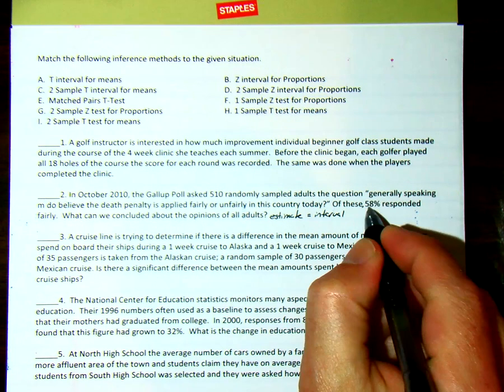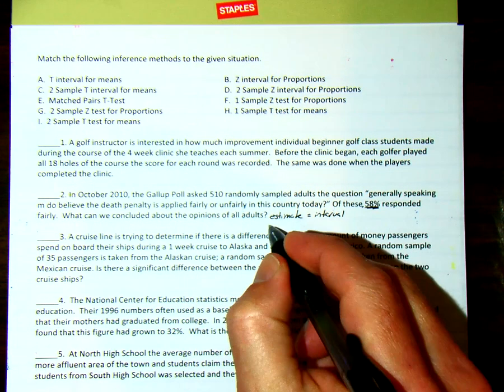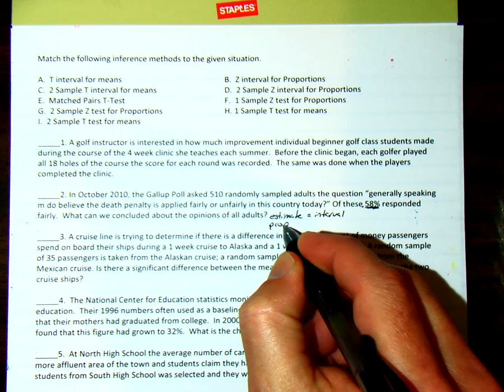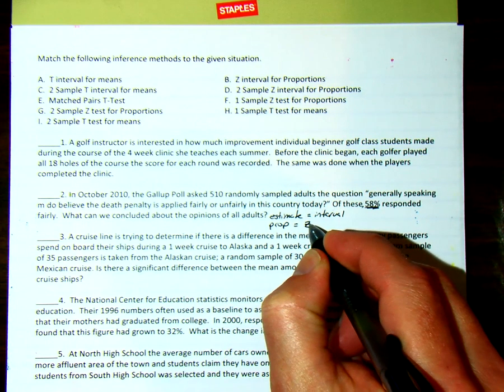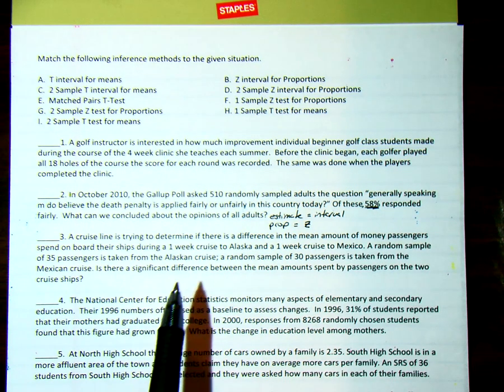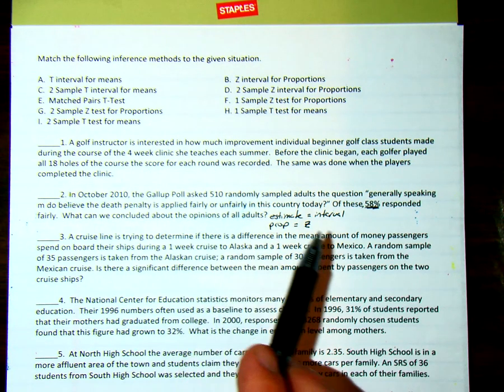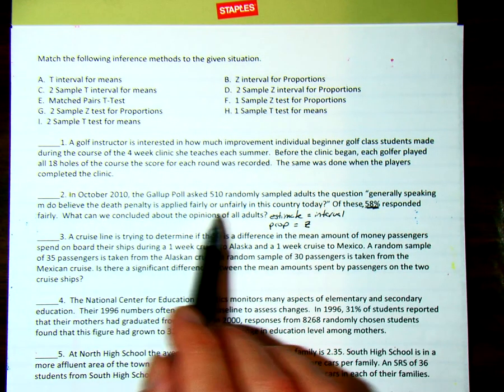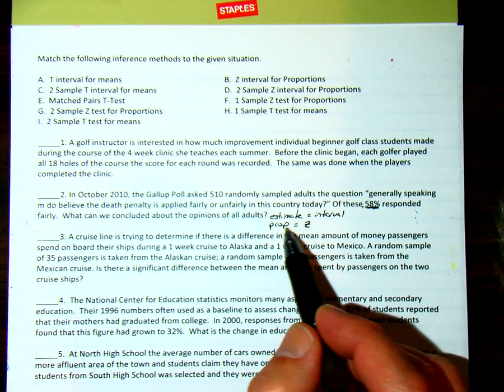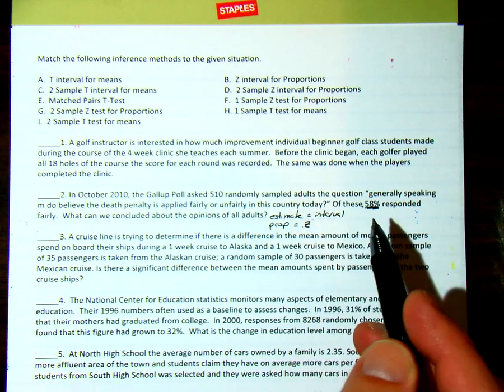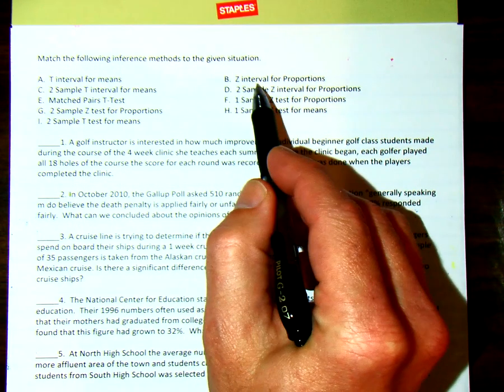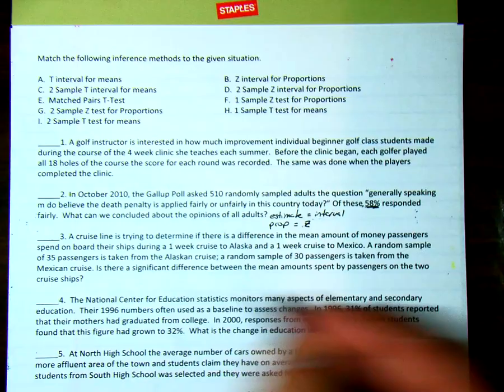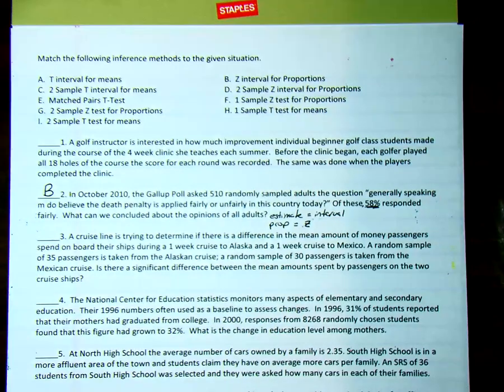This strictly comes from a proportion, so a proportion indicates a z interval. Because I have one sample and I'm going to conduct an interval, this is going to be a z interval for proportions. So this is going to be B. And that's where we need to go.